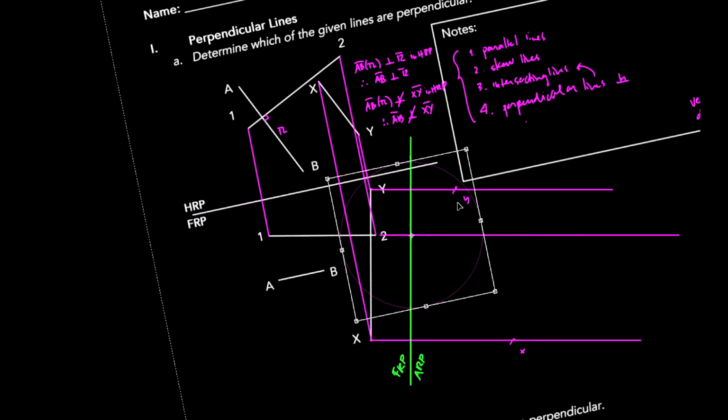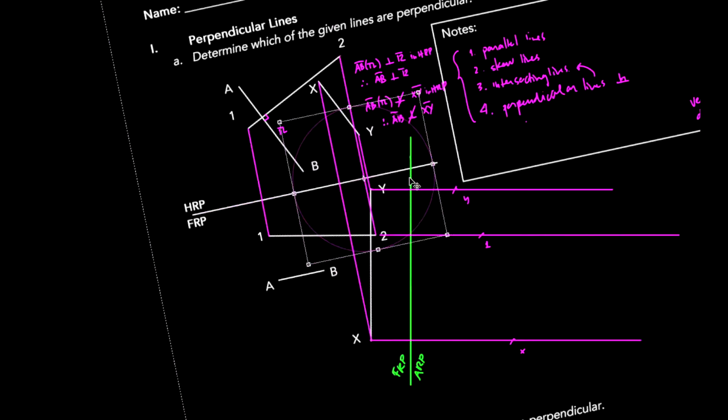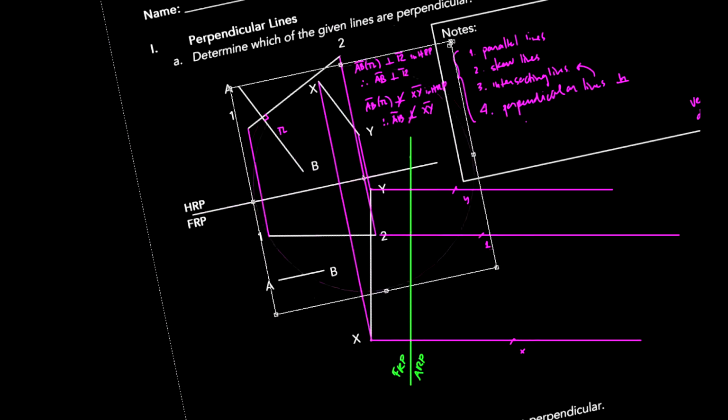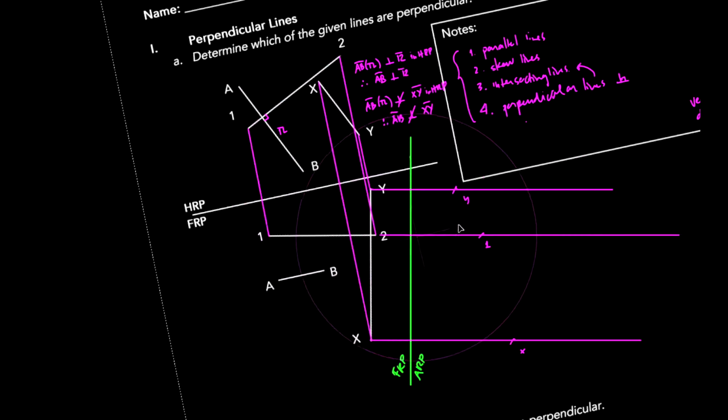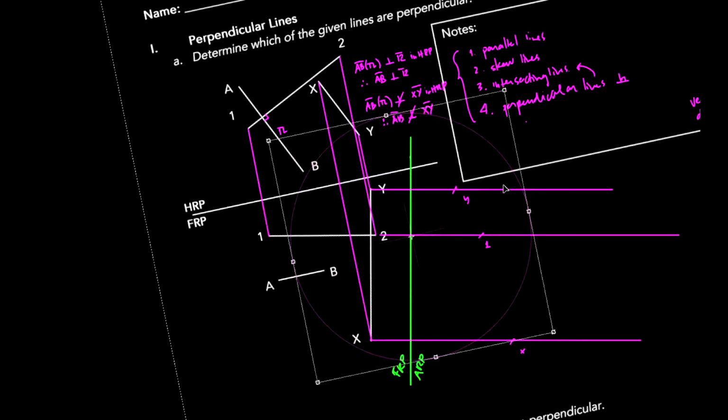And the projection line is, I don't know. An interesting observation here is they have the same projection line. This is 1, 2. That's 1. And the 2 is here. Okay. This is 2. Right?